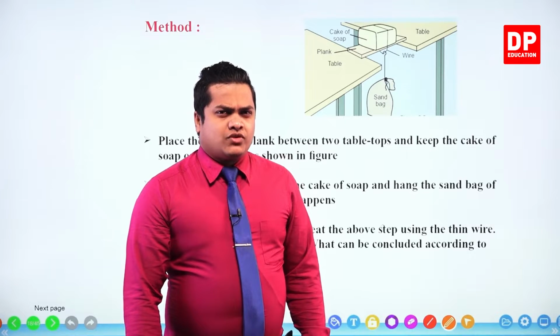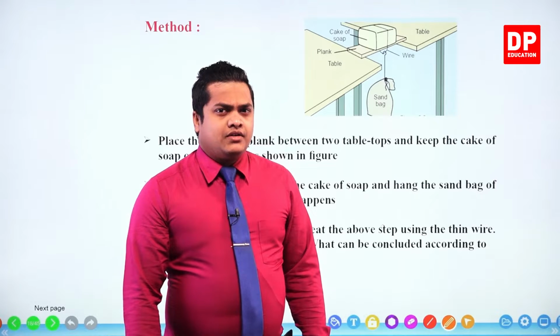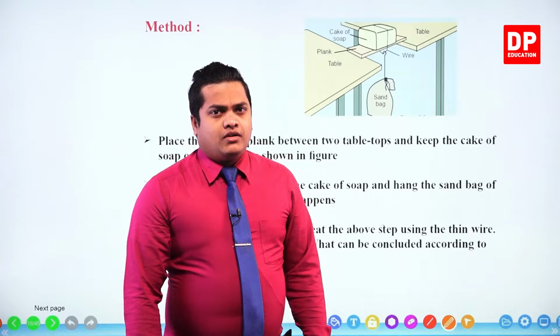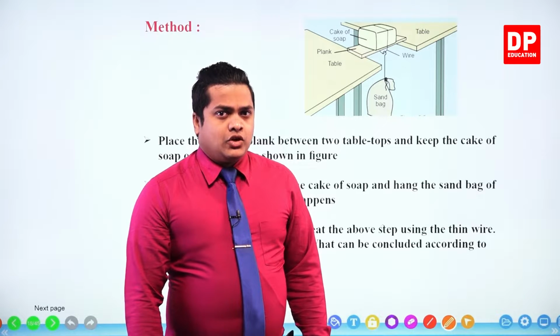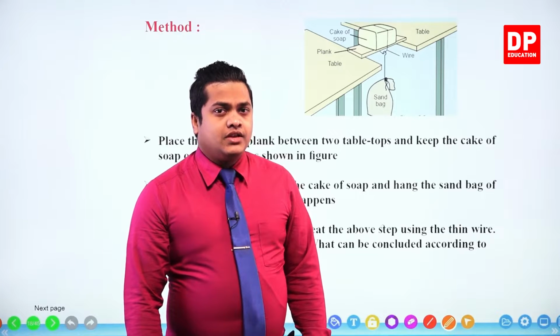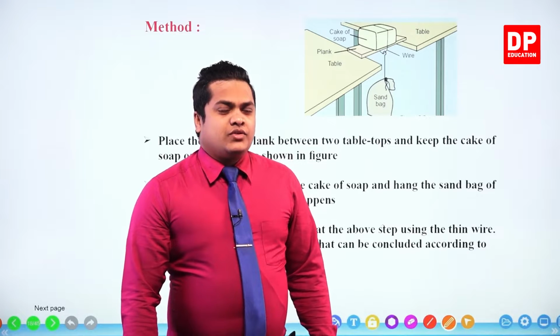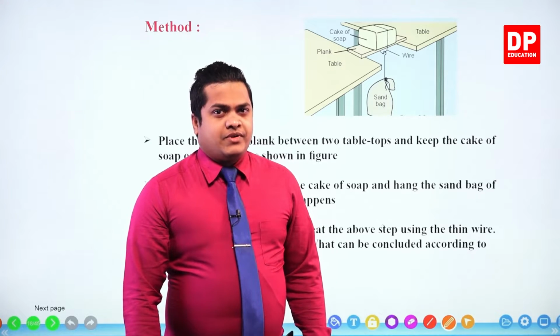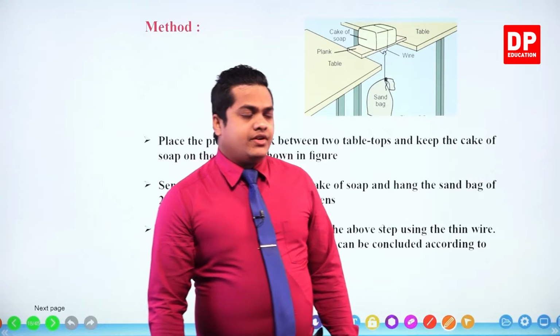You can use a stopwatch for that, right? You have to calculate the time taken to intersect or bisect the soap bar. It's really simple to conduct this activity, my dear children, right? So let's head on to see our method.